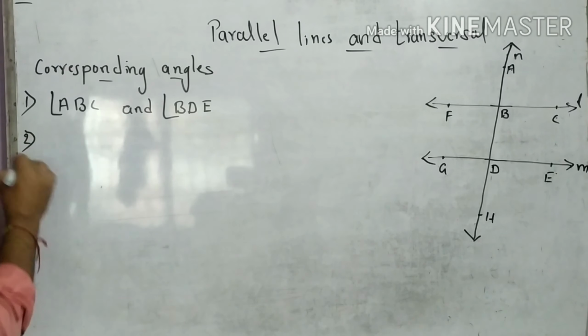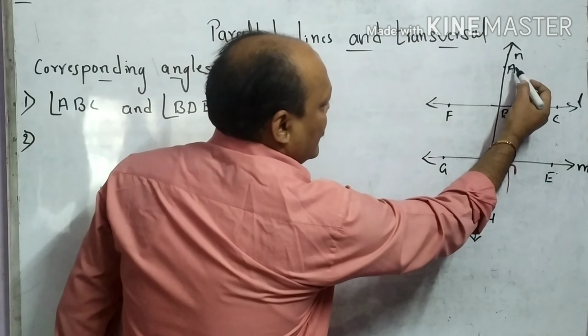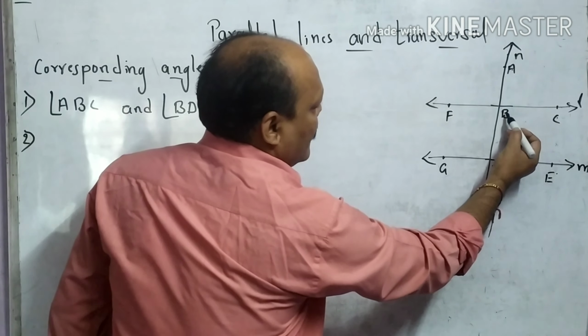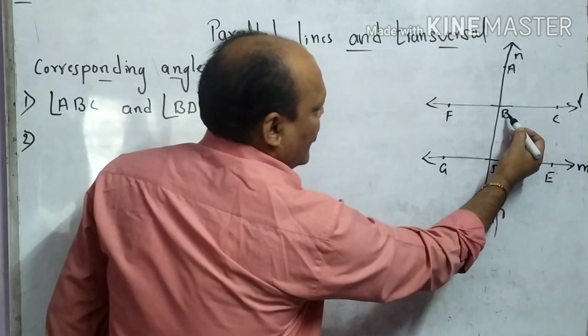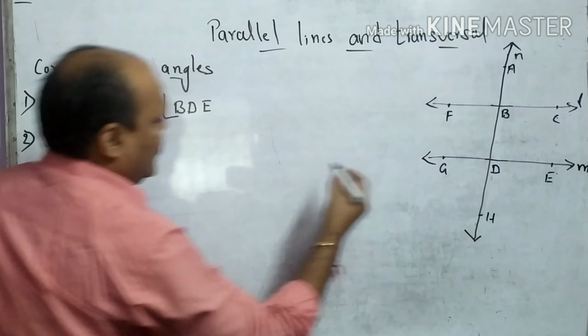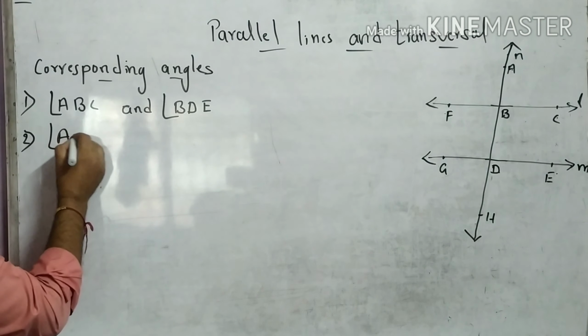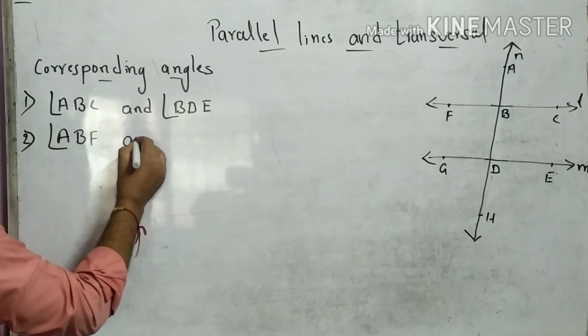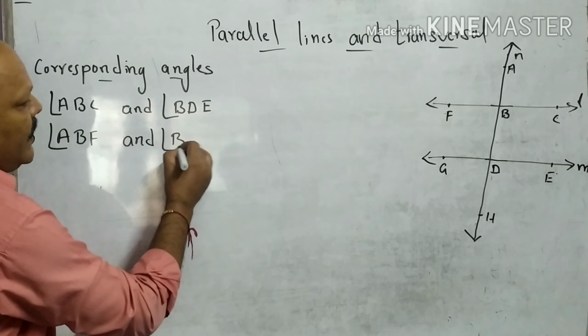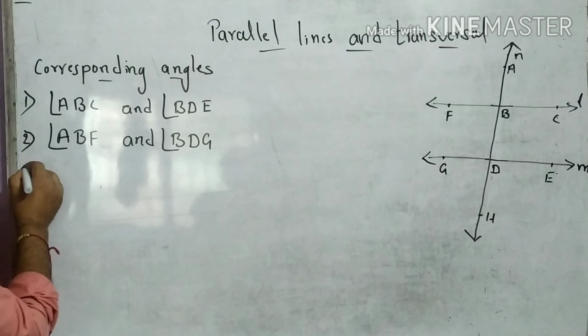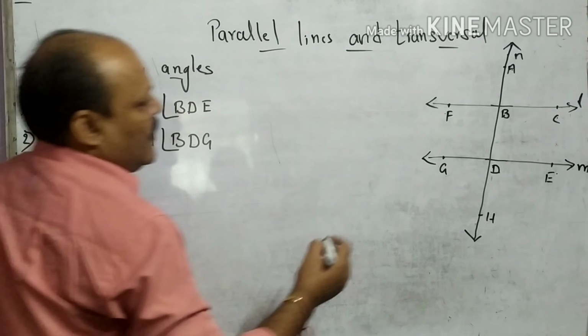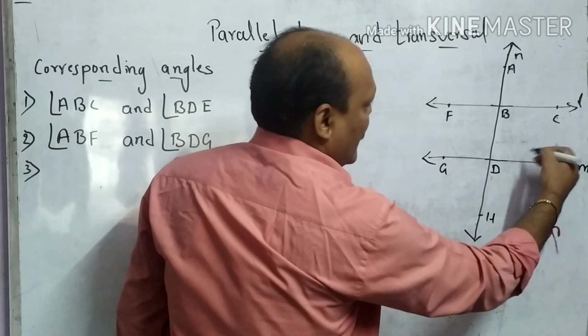The second one, we have to come to this side. Angle ABF. The corresponding angle is BDG. Angle ABF and angle BDG. The third one, now come downward, below the parallel line.